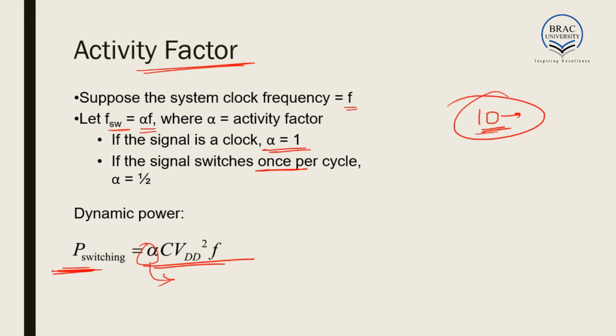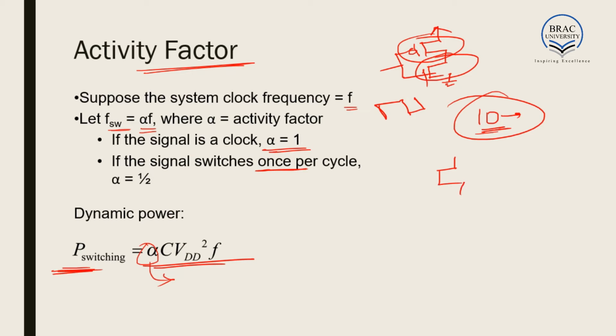And this activity factor is very important because we have to keep in mind that if we consider an inverter over here, like we have been considering so far, in one cycle of input, the PMOS will switch once and the NMOS will switch once. As a result, its activity factor will be 1.